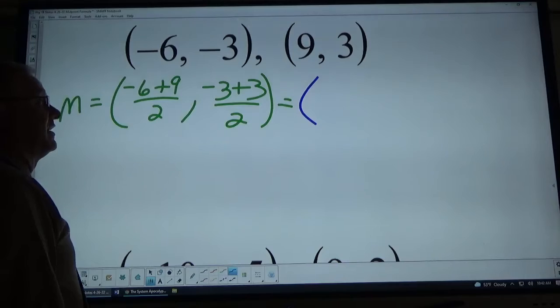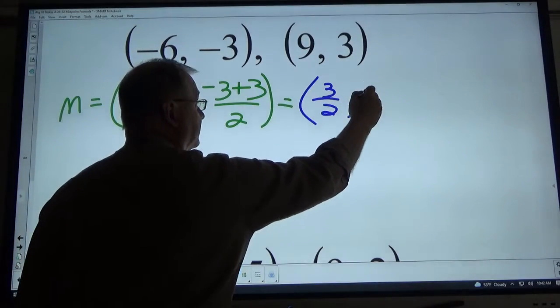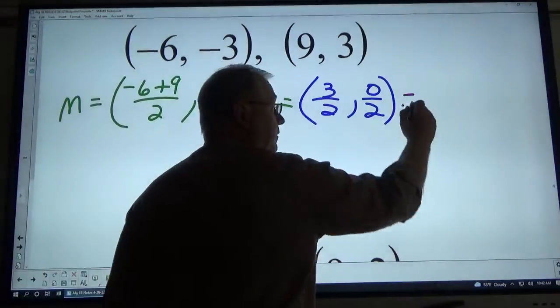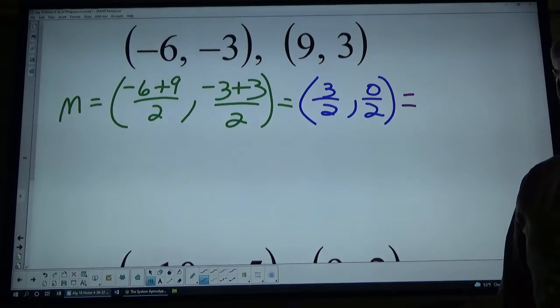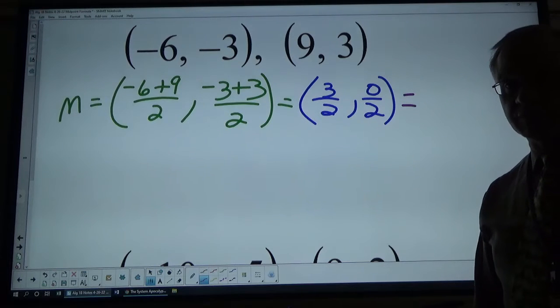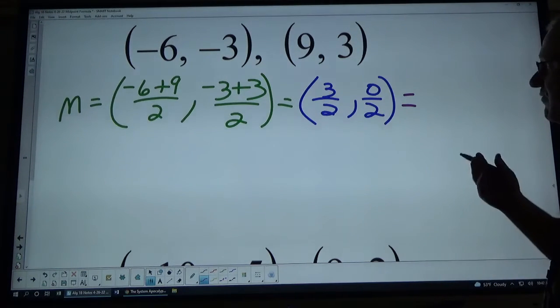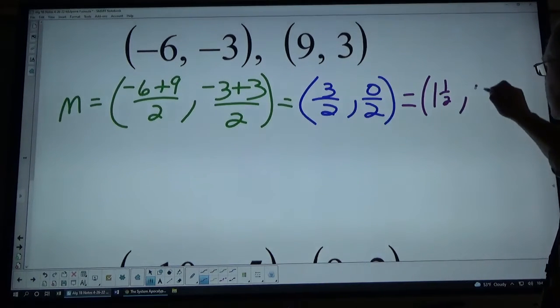Negative 6 and 9 is 3 over 2, and 0 over 2. Positive 3 over 2 can be made into a mixed number or a decimal if you prefer, but I'd prefer a mixed number. Be 1 and 1/2, 0.